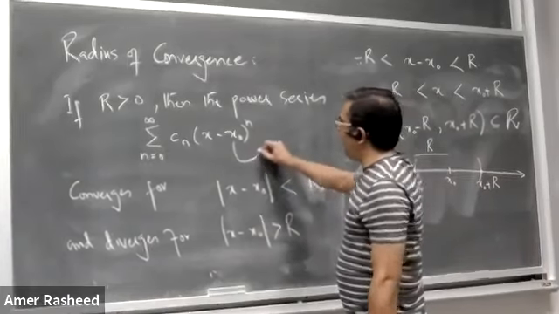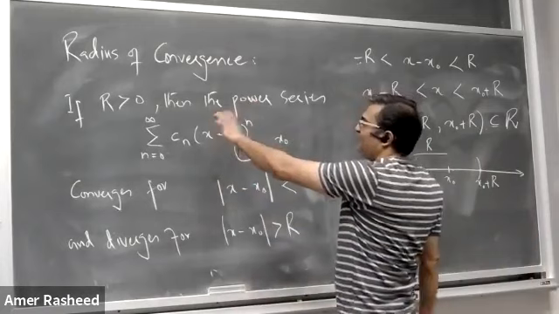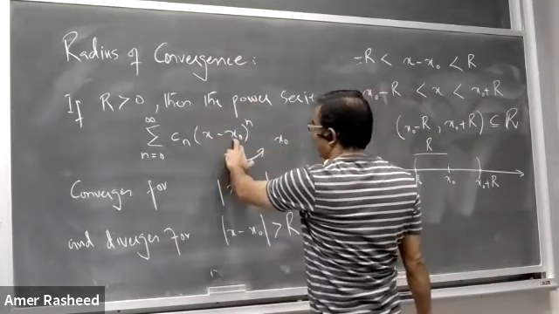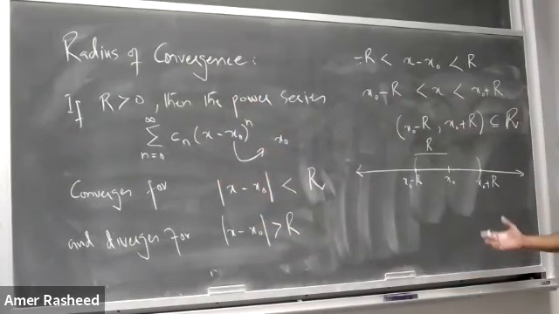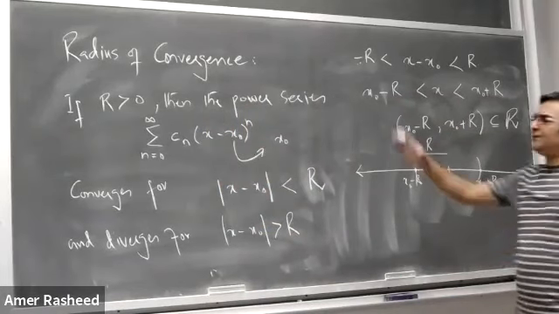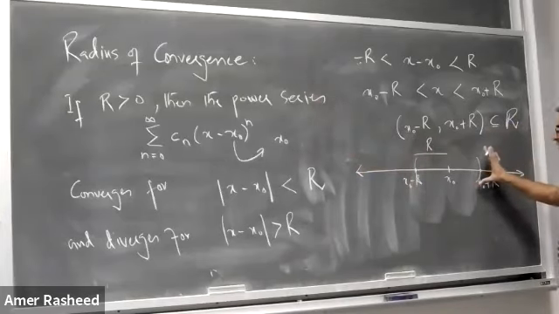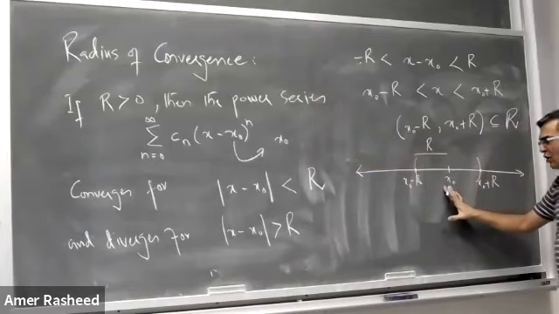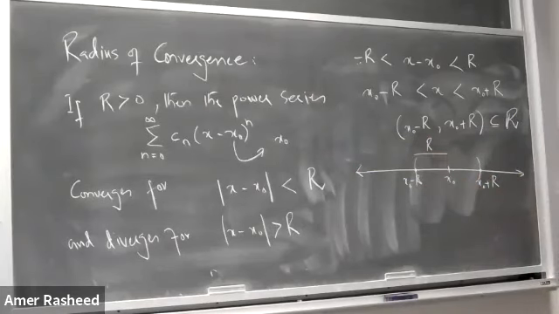That is why we write x naught here, and we call it the power series centered at x naught. Centered at x naught means there must exist some interval for which this power series is convergent, and that interval must have center x naught and radius r.